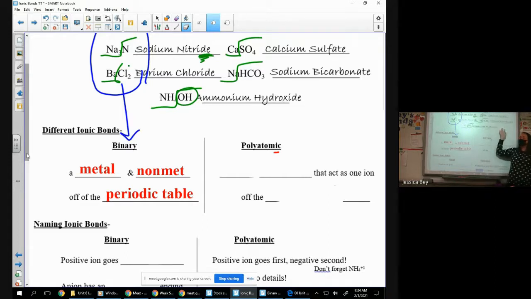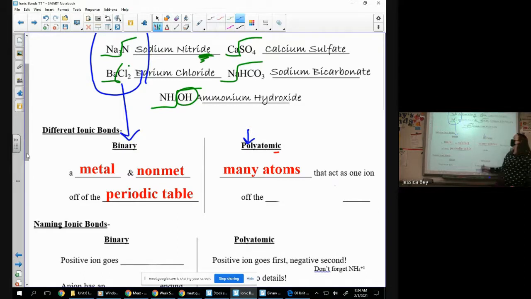This new thing over here is what's called polyatomic. Does anybody know what the prefix poly means? Okay, many, lots. Okay, polyatomic probably means many what? Many atoms that work together as a single ion.